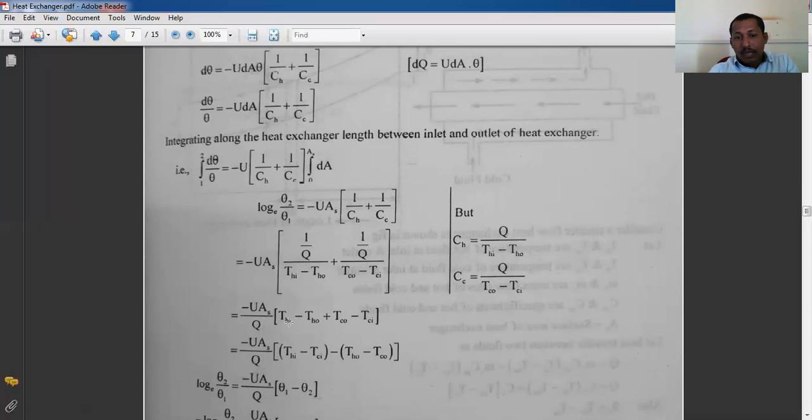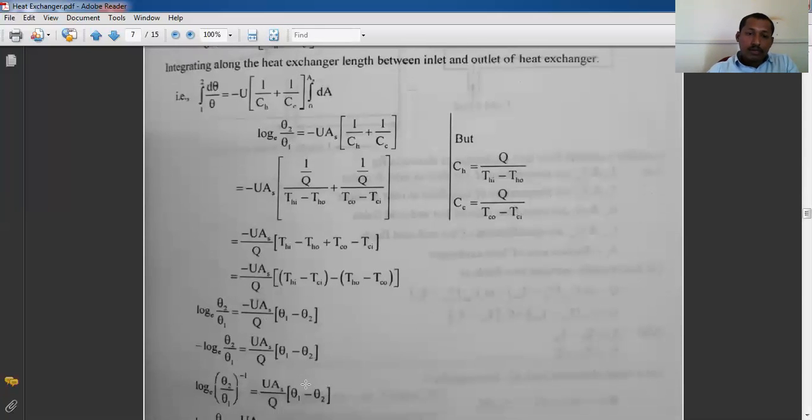Now temperature of the hot fluid and temperature of the cold fluid, Thi minus Tci, I can write theta 1. Thi minus Tci is theta 1. Th naught minus Tc naught is theta 2. Here I have taken the negative sign as a common term because I need to write Th naught first. So that is theta 2.